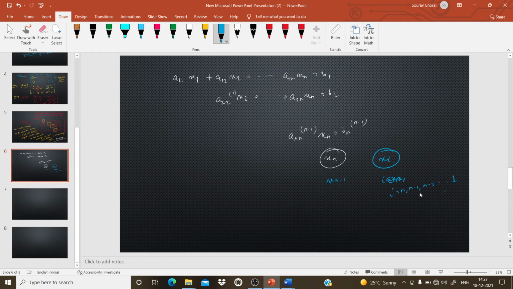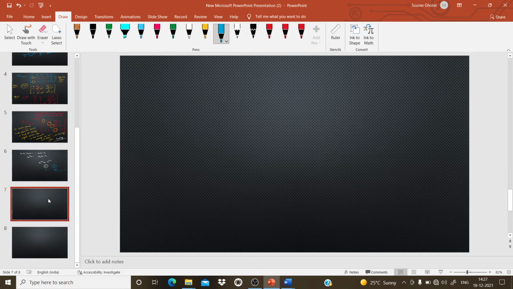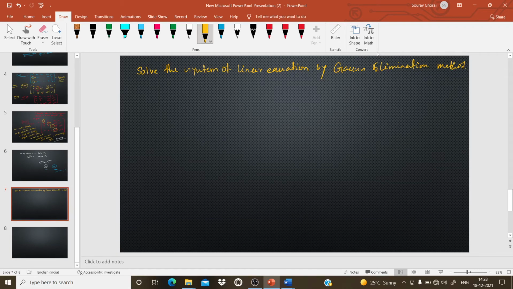See here, write the first question: solve the system of linear equations by Gauss elimination method.